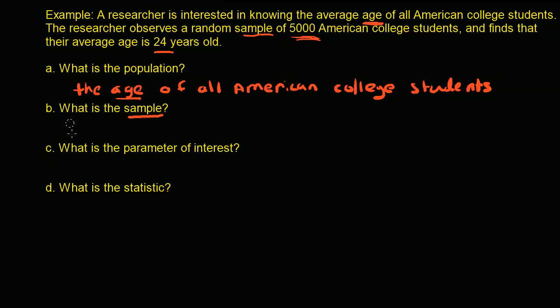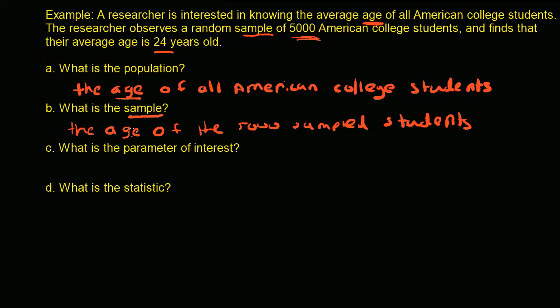So then the sample would be the age, right? So what you observe is the age of the 5,000 sampled students. Okay, all right, that's the sample, the age of the 5,000 sampled students.